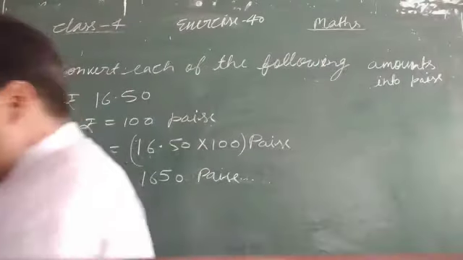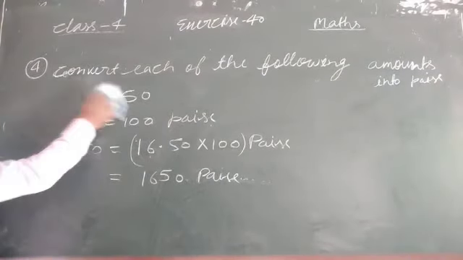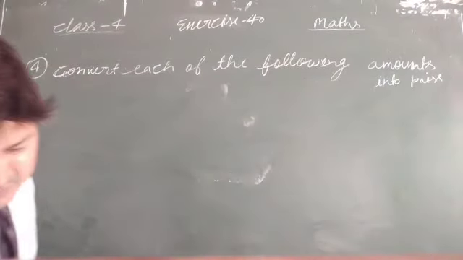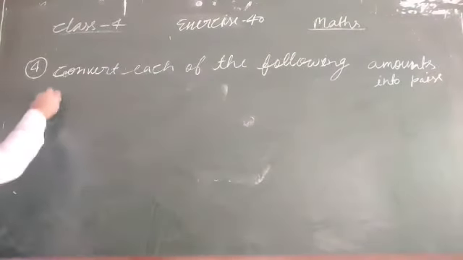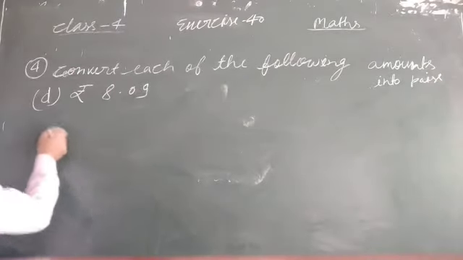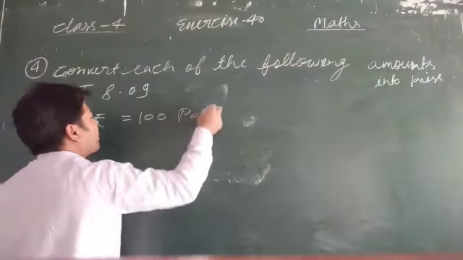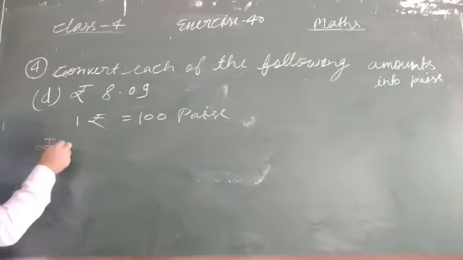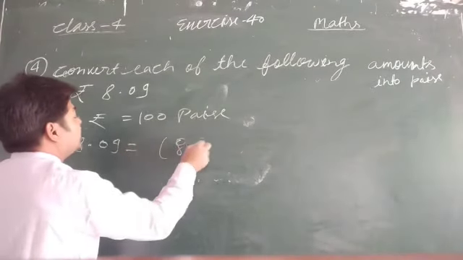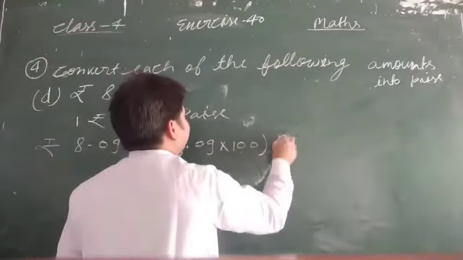One more question I am going to tell you. So like this you have to solve. Okay. D is this: rupees 8.09. So you have to write here 1 rupee equal to 100 paise and rupees 8.09 equal to 8.09 multiplied by 100. Now it will be in paise.